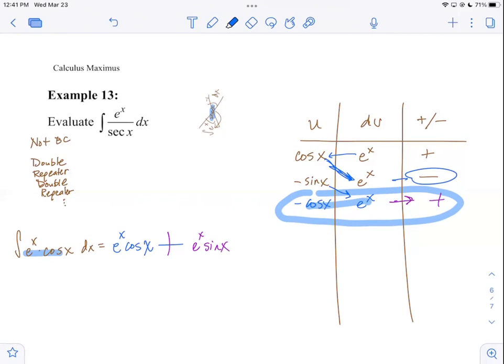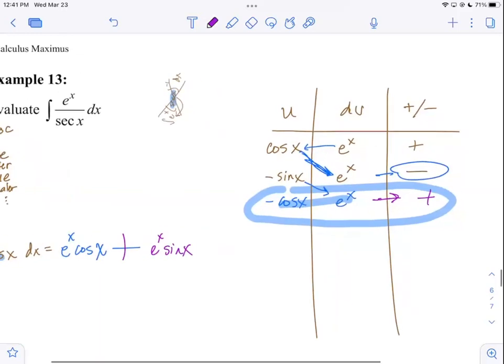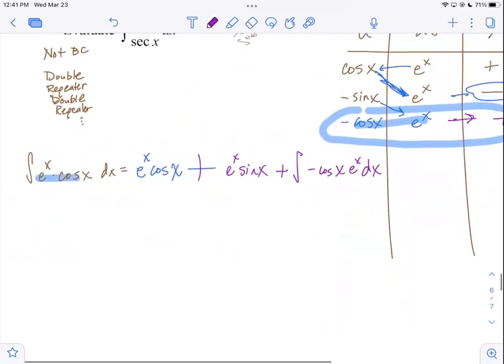So here I will tie it off on the next line, which I go to plus, and then it's going to be the integral of negative cosine of x e to the x dx. I tied it off, and if I didn't tie it off, I would have products forever and ever. It would never expire. Neither one would ever expire. It would just be product. So we have to tie it off.